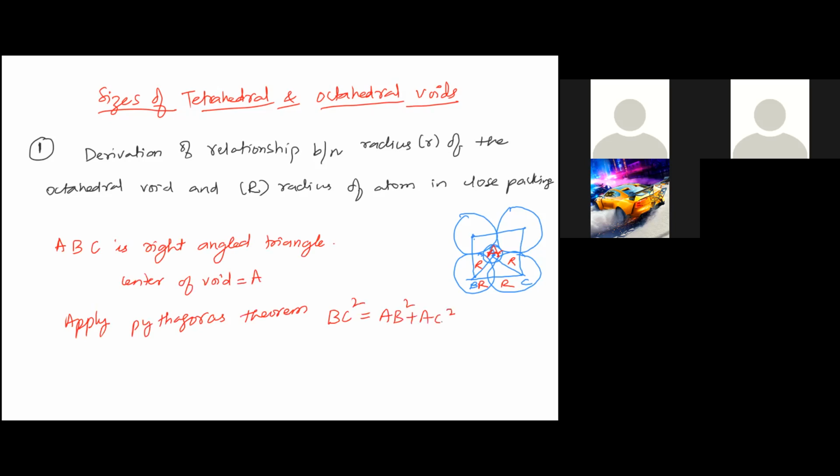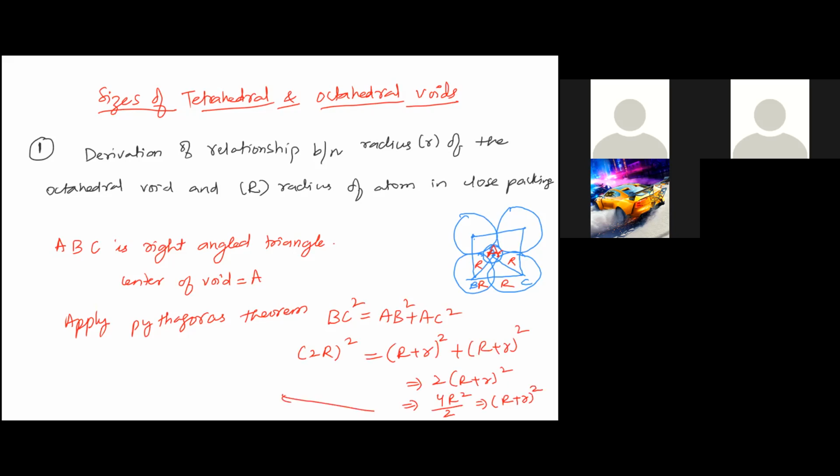Your BC, if you look at it, is 2R, and it equals (R plus r) square, which can be written as 2 into (R plus r) square, or 4R square by 2, or it can just be R plus r squared. So from here, what will you get?